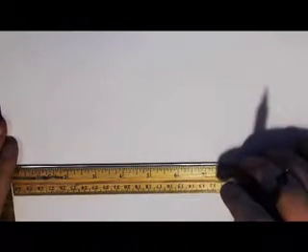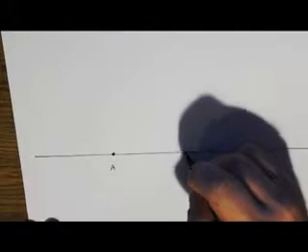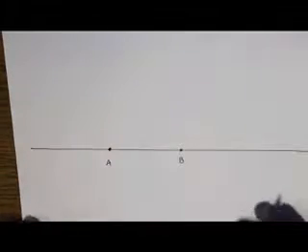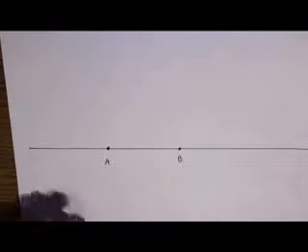So in order to do this, we're going to just start with a straight line, or a part of that, from, say, point A to point B. Say that this is an equilateral triangle. So this is just one side of that triangle.